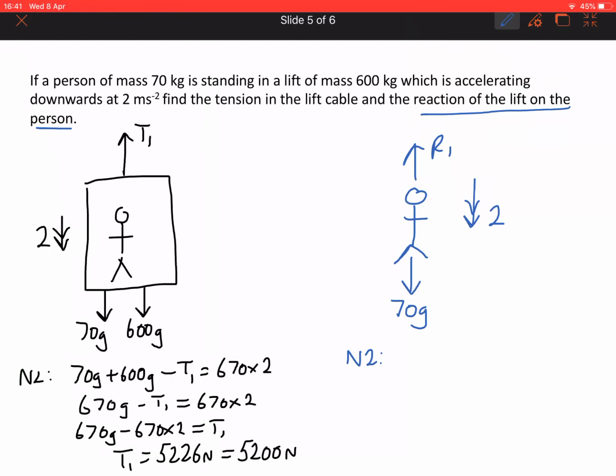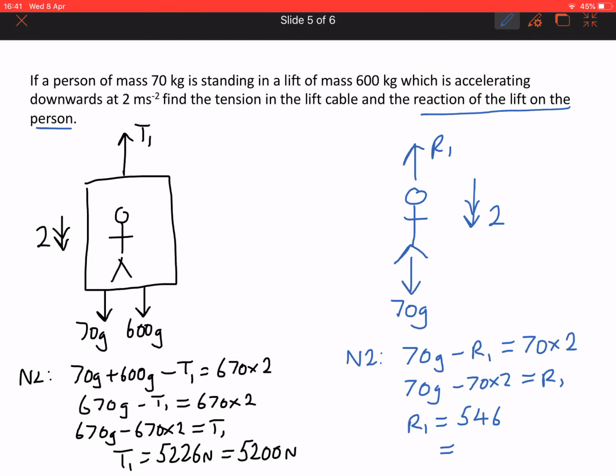So Newton's second law: the resultant force downwards is the force down, take the force up, and this is the mass times the acceleration. Let's rearrange it again. And if we work that out, the reaction comes to be 546 newtons. So two significant figures is 550 newtons.